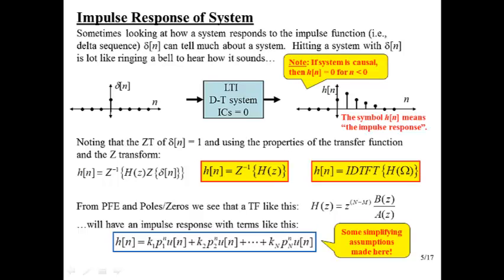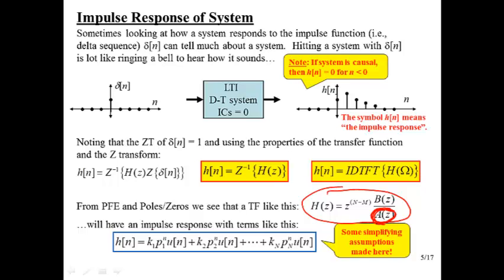So now we can start getting some insight about these poles. When we have an h of z that looks like this, if we do a partial fraction expansion on that, we're going to get things broken down into all the factors of a of z.